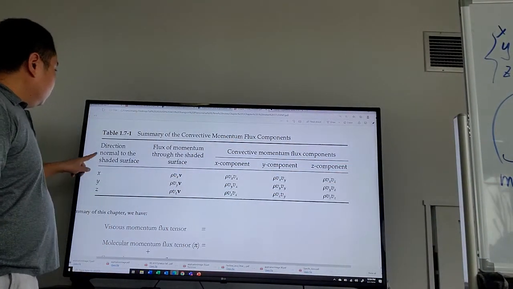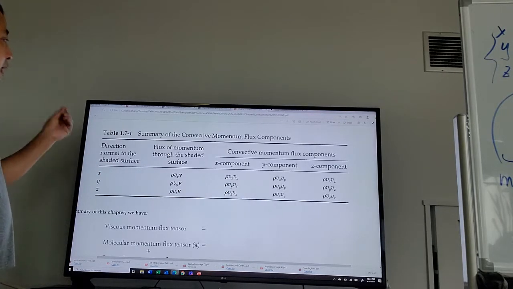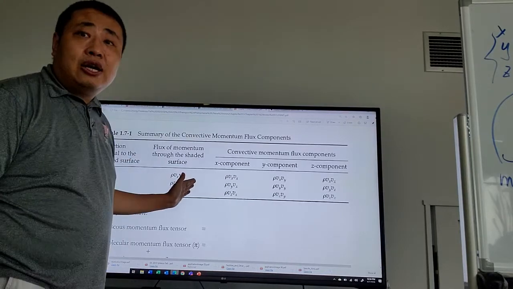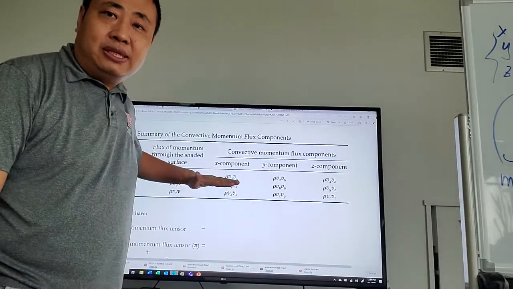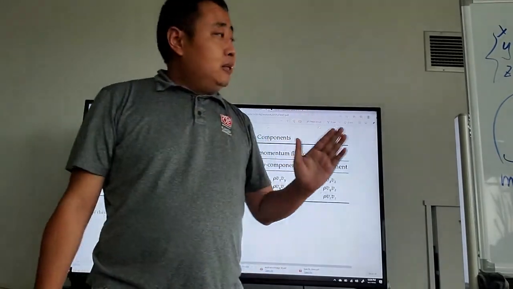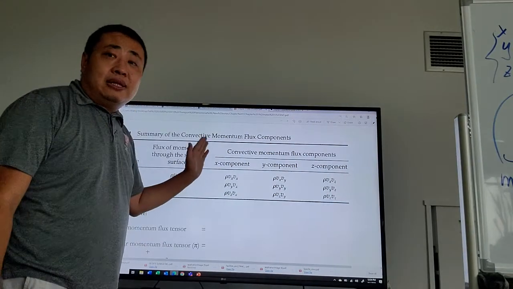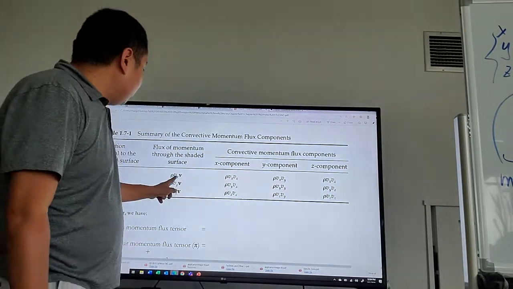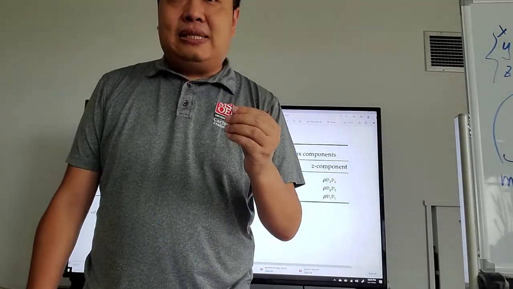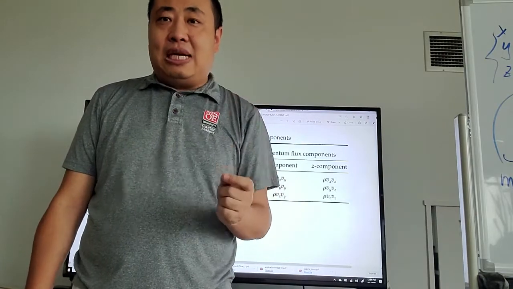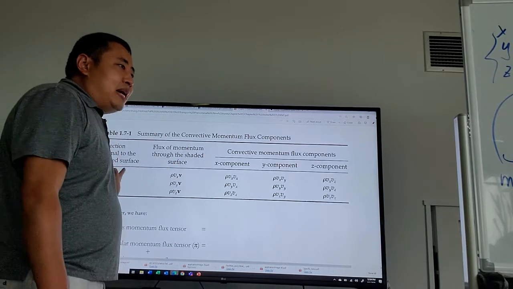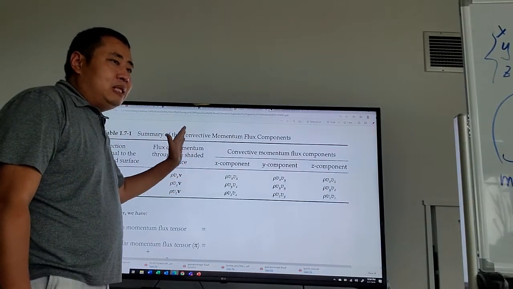So now we know, for x, we are talking about the momentum flux which is along the x, or impacting the area which is perpendicular to x direction. That's the subscript on the left. Remember the subscript on the right defines the direction of the momentum itself. So from left to right, one describes the impact area and the other the direction of the momentum itself.